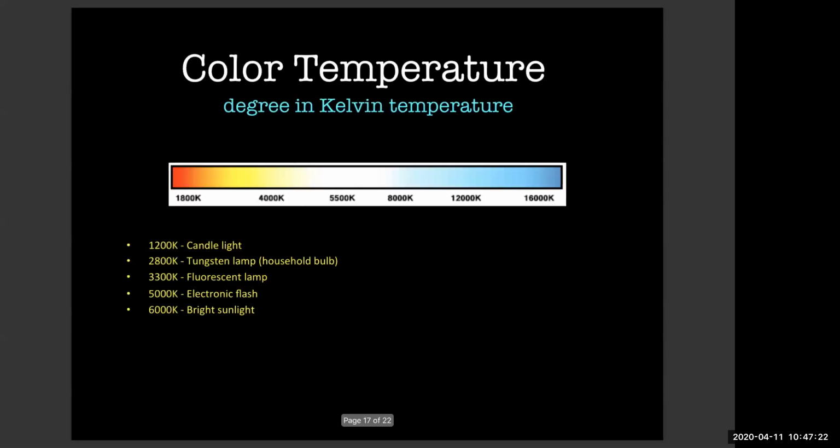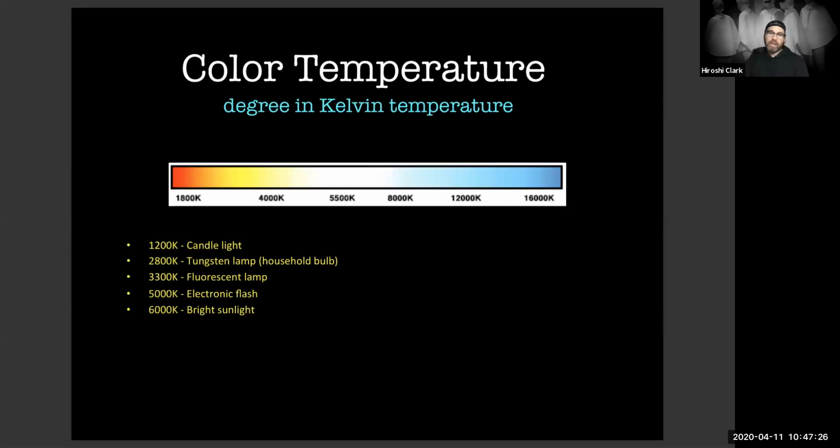Now you can see how the color temperature is represented in Kelvins. You have 10,000 Kelvin as blue and 1,800 Kelvin as red, basically, and you'll see how it moves this way or that way. 5,500 Kelvin is what we call neutral.